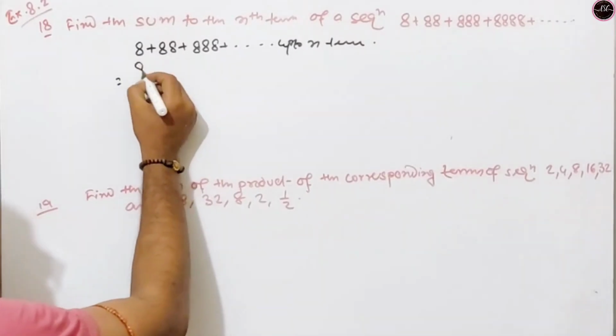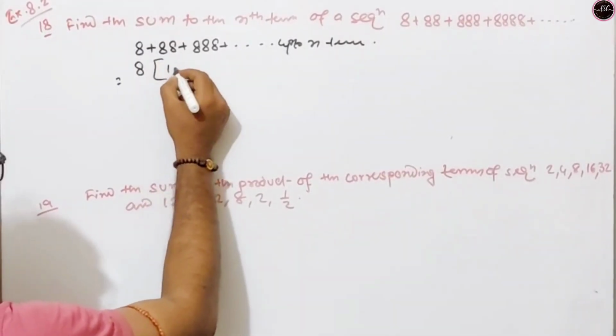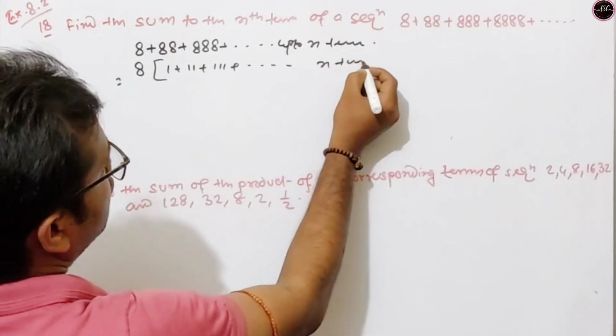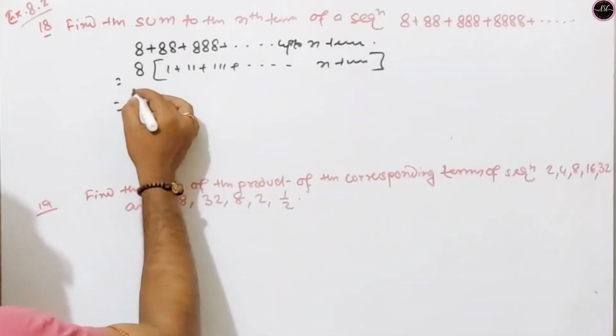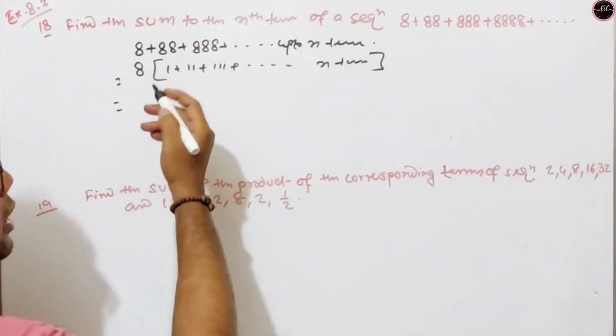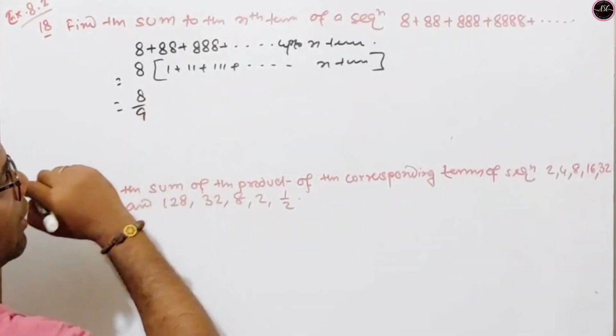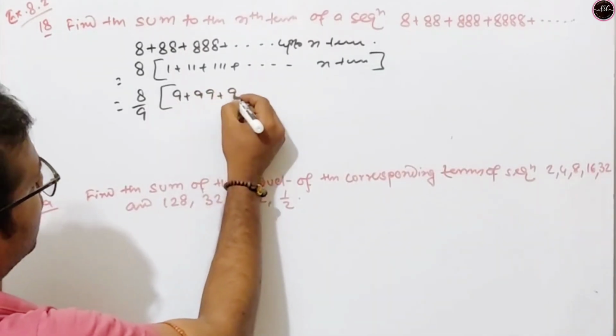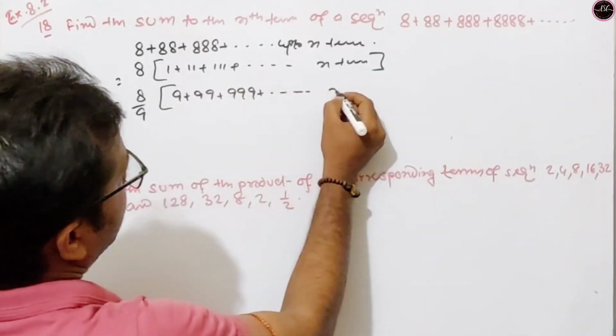So just common here 8. We get 1 plus 11 plus 111 dot dot dot n terms. Okay. Here just multiply with 9 and divide with 9. So we have 8 by 9. Here we can write 9 plus 99 plus 999 plus dot dot.